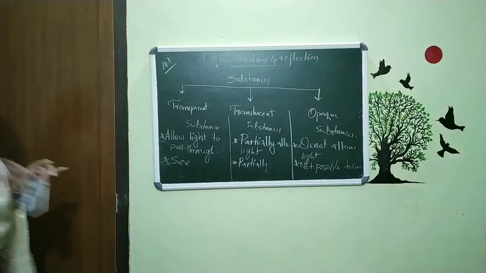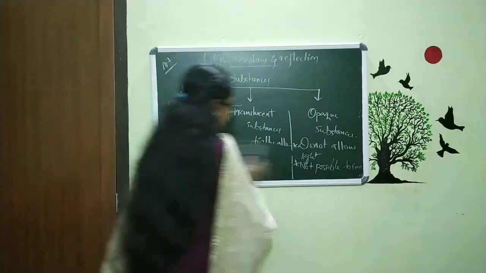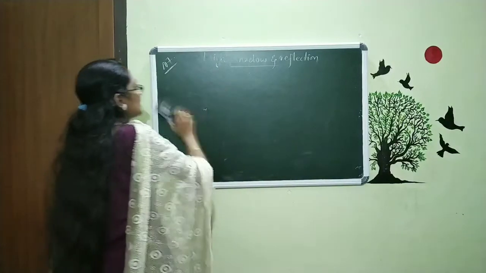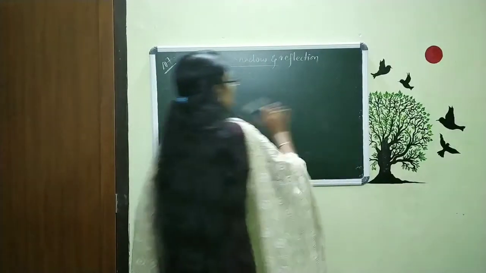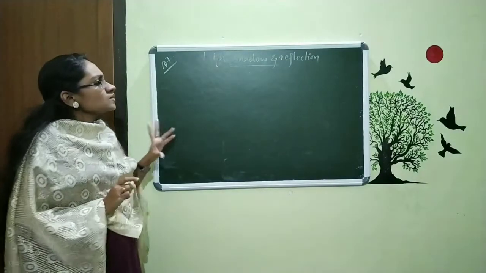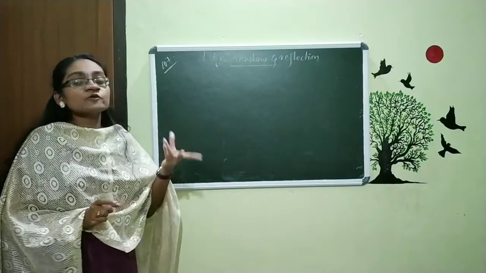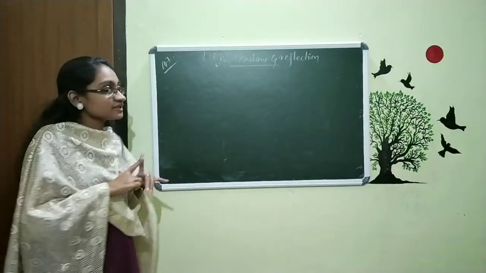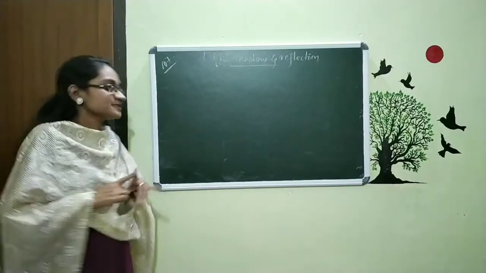You already know what a shadow is. We can see the black patch made on the wall, ground or somewhere. So, now the question is, which type of substance is producing this shadow? Now we are going to check that using the substances.